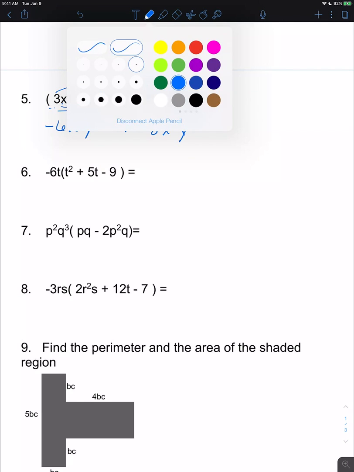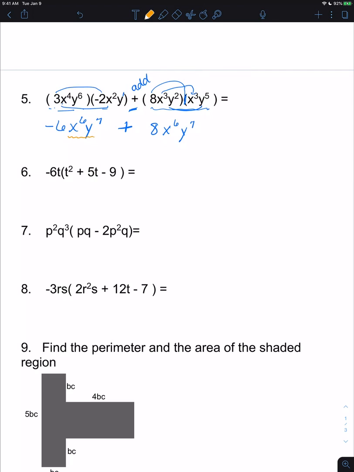Well, notice here we have x to the 6th, y to the 7th, and x to the 6th, y to the 7th. So they are like terms, so we can add them together, because we can only add like terms. So negative 6 plus 8 leads us to positive 2. And we still have our variables, x to the 6th, y to the 7th.